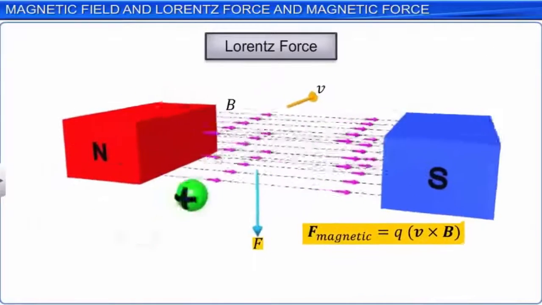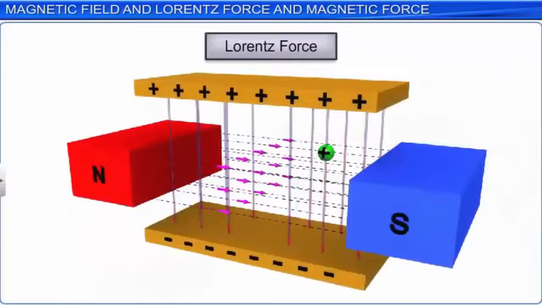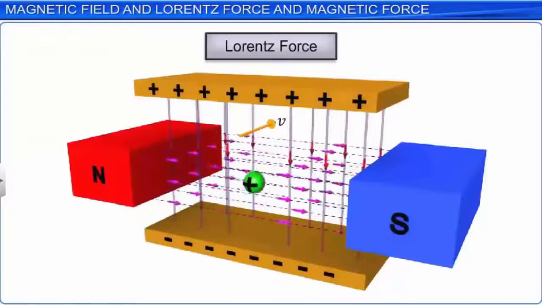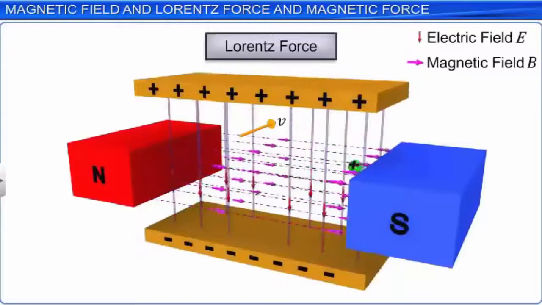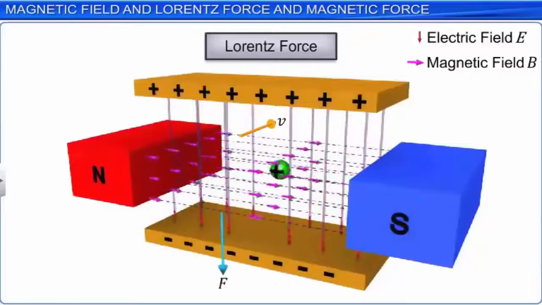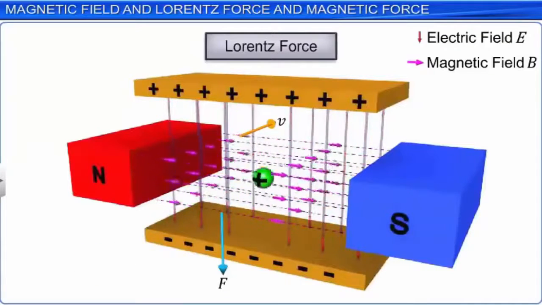The force F is perpendicular to the plane containing the velocity vector and the magnetic field vector. Now, consider a charge of Q coulomb moving with the velocity V in the presence of both electric field E and the magnetic field B. The net force on charge Q is F, called Lorentz force, acting on the charge and is equal to the vector sum of the forces due to the electric field and magnetic fields.